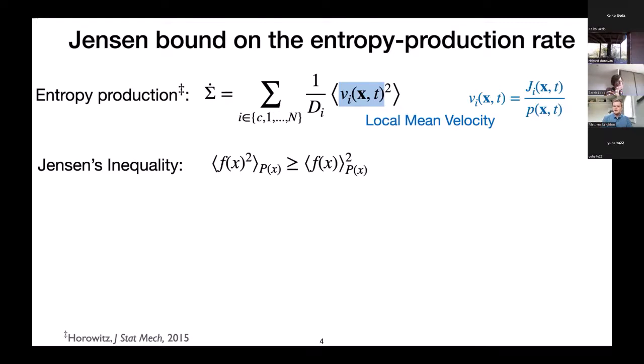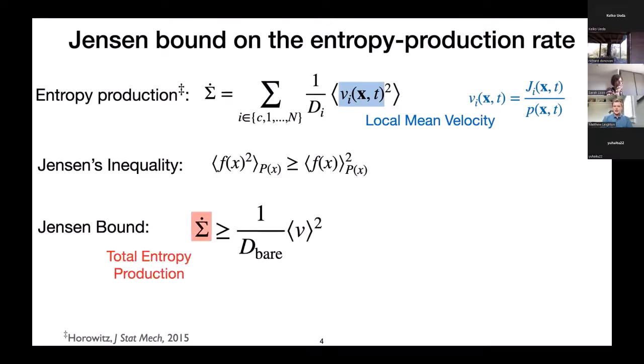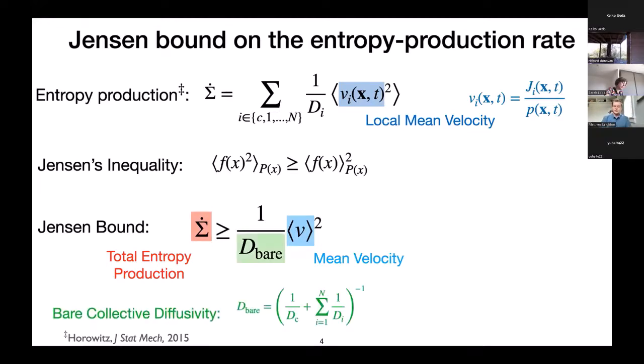Applying Jensen's inequality to this expression for the entropy production, we can derive what we call the Jensen lower bound on the entropy production rate. So here we have the total rate of entropy production by the collective transport system bounded by the square of the mean velocity divided by what we're calling the bare collective diffusivity of the system. This is a quantity that depends only on properties of individual components.